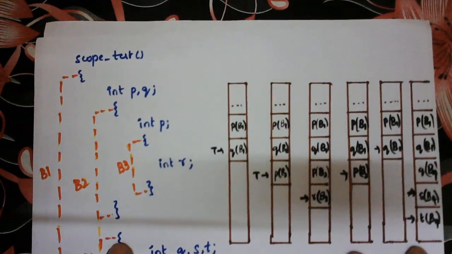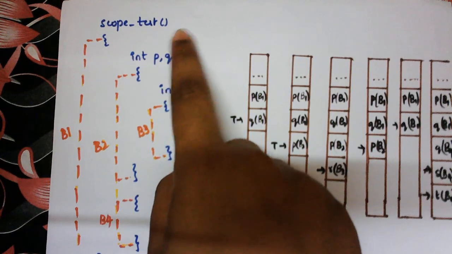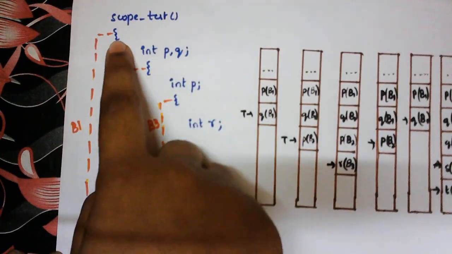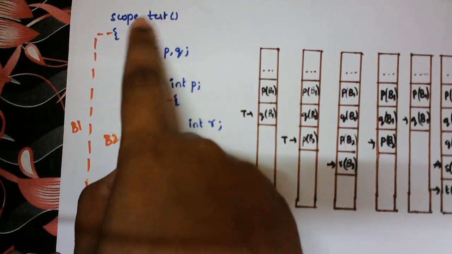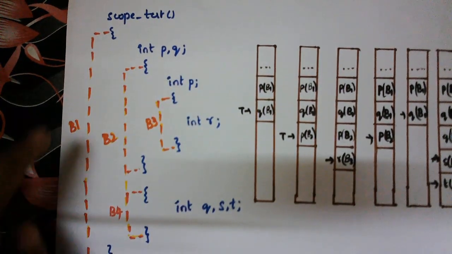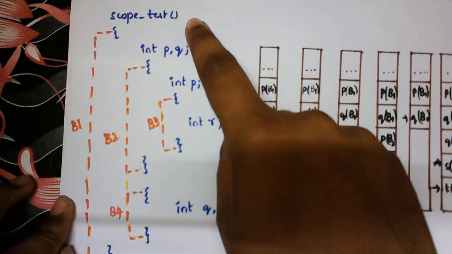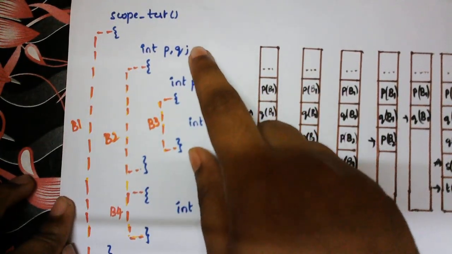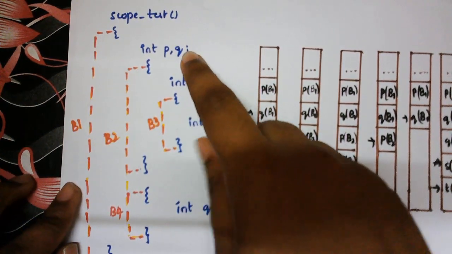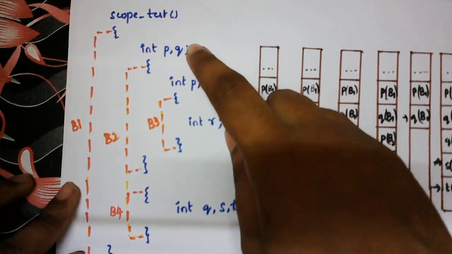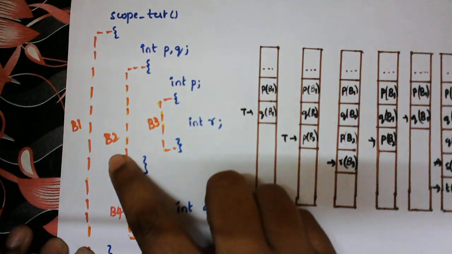Let us consider there is a function called scope test in which the brace is starting here. This is the open brace for scope test and the brace is ending here. So this whole thing is block 1. In scope test we declare variables P and Q. So P and Q are local names for scope test, and after declaration of P and Q we are opening another brace for block 2.